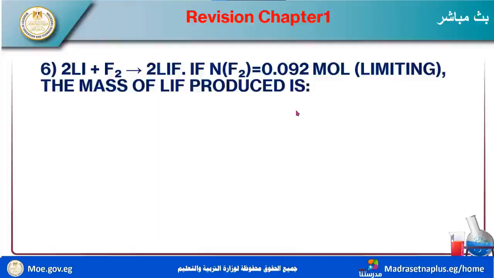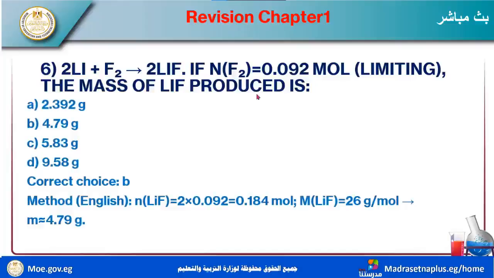The mass of LiF produced depends on the limiting reactant, not on Li, because F2 is the limiting reactant.